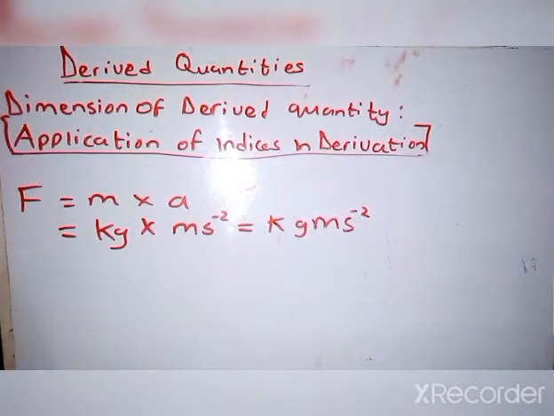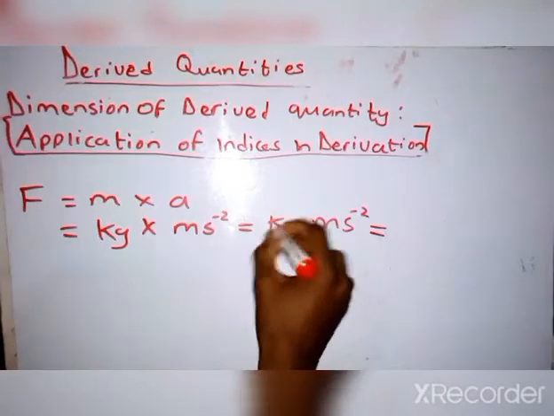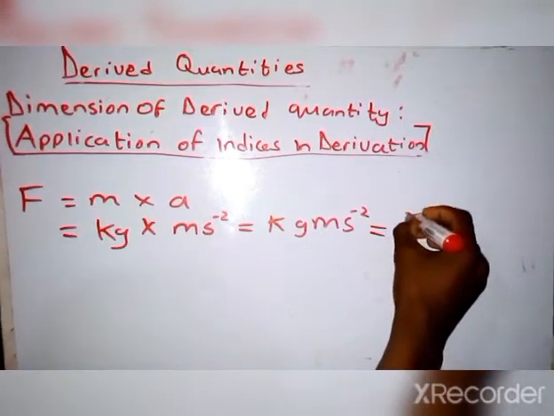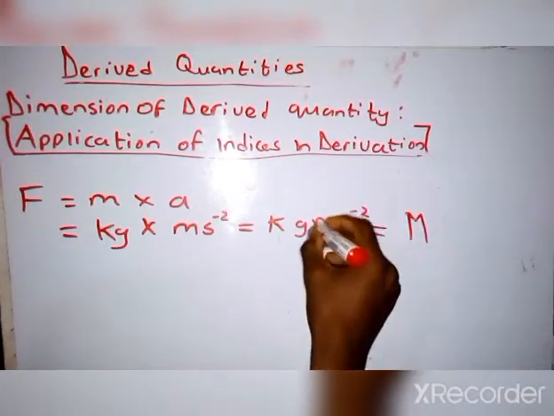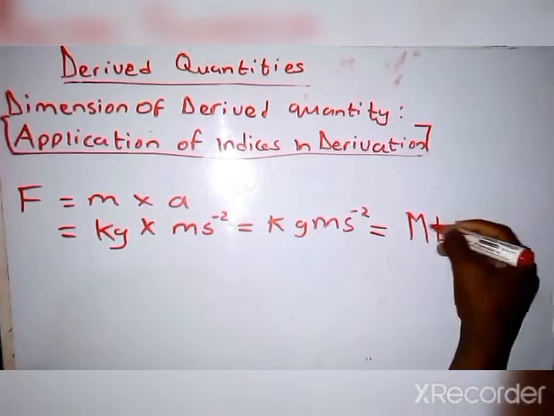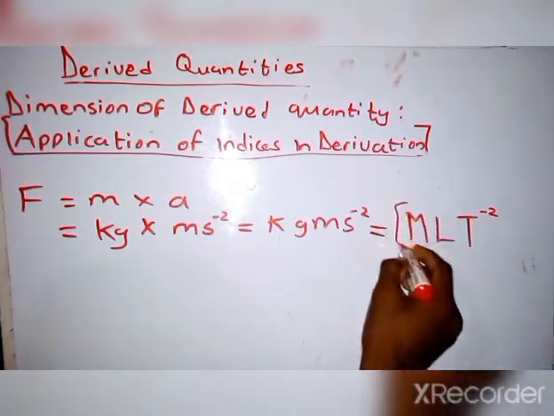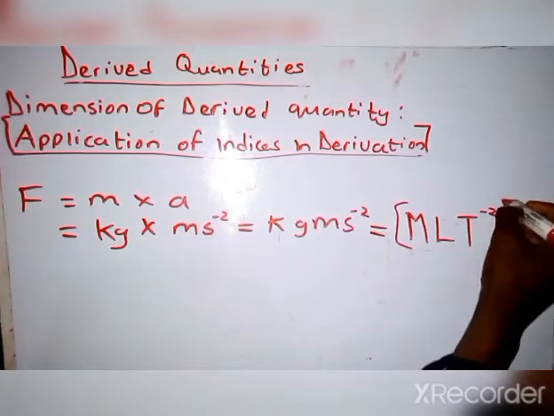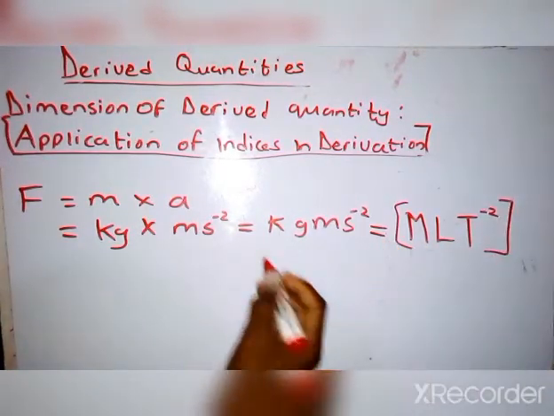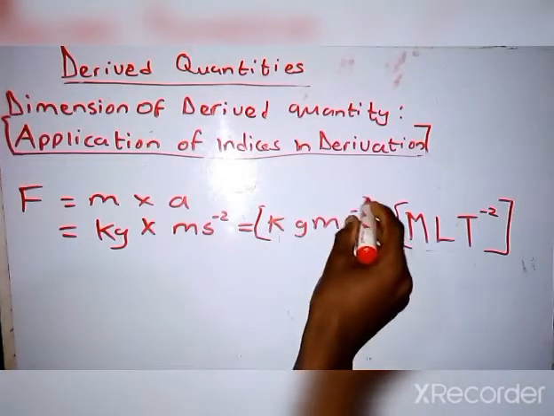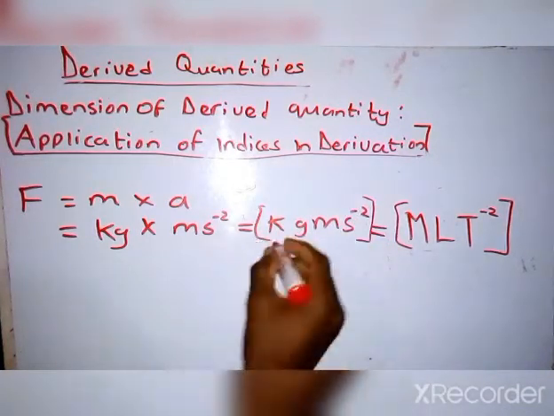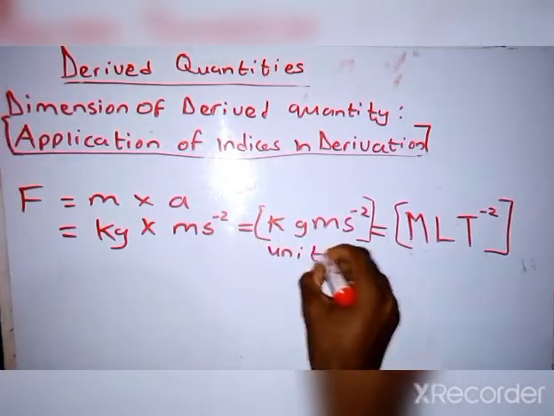To write the dimension, kg is the unit of mass, capital letter M, meter is length L, time T is minus 2. So this is the dimension for force, and this is the unit for force.